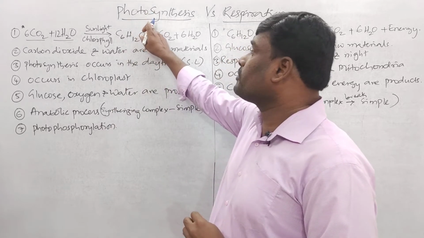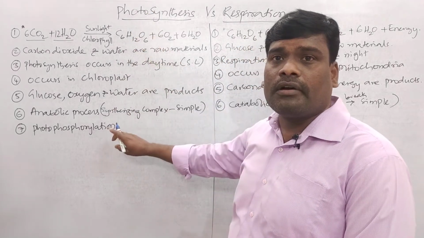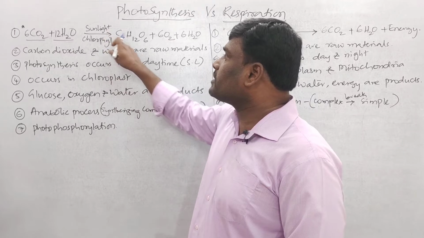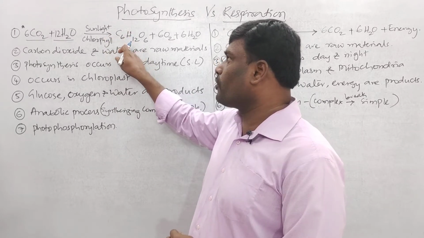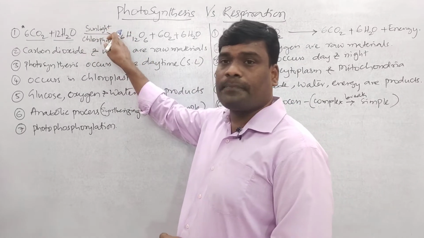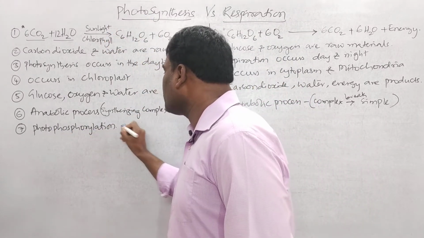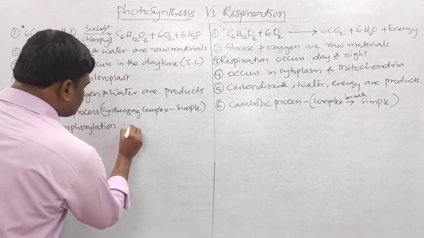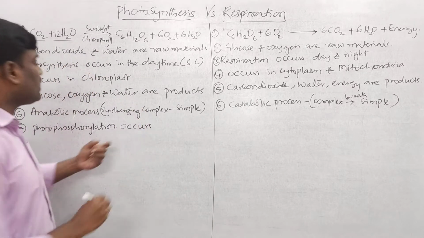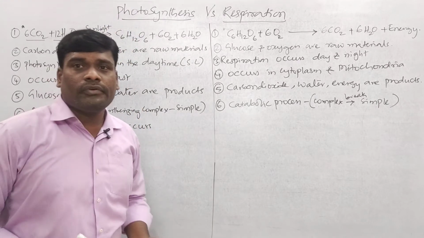In the process of photosynthesis, children, we have learnt already that this photosynthesis process requires sunlight, isn't it? So this photophosphorylation occurs in the process of photosynthesis.